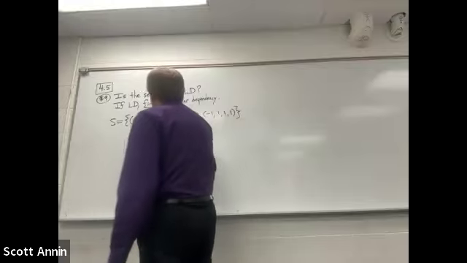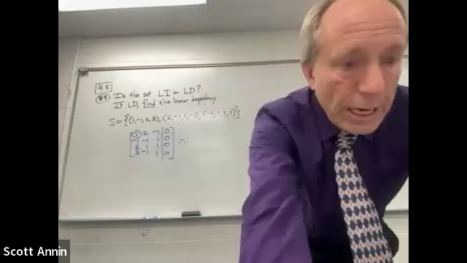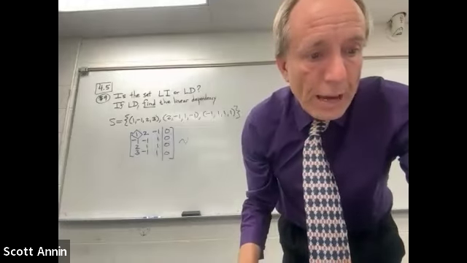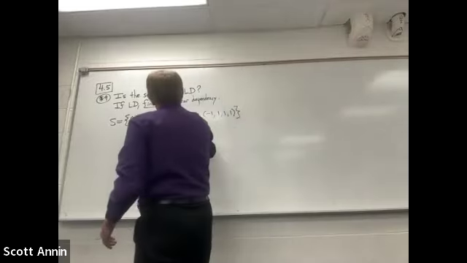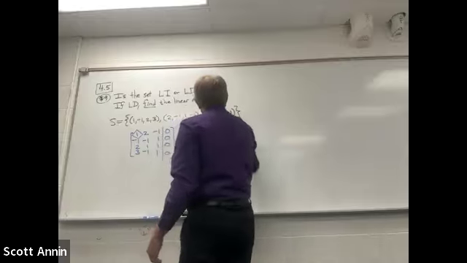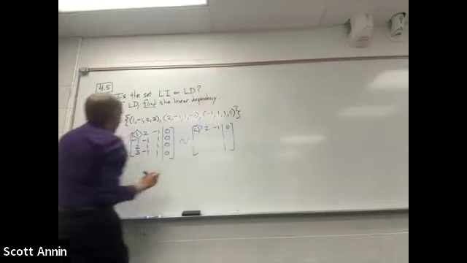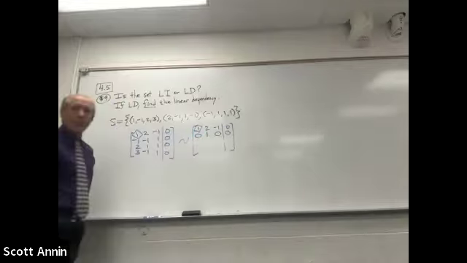And the main thing that we need to accomplish first is we need to get zeros below that pivot. Okay, so I'm going to start by getting zeros below that pivot. So we'll leave the first row the same. And if I add the first row to the second row, I'll get 0 and 1 and 0 and 0.